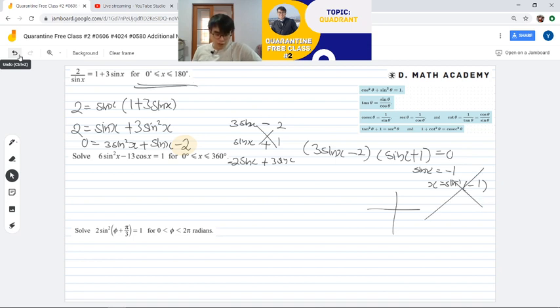So we'll just move on, go back to this. Sine x equals to 2/3. So you have two results here because sine is positive. So you get 41.8 as well as 180 minus the result, which is 138.